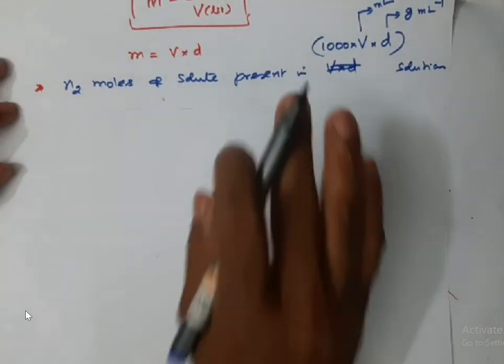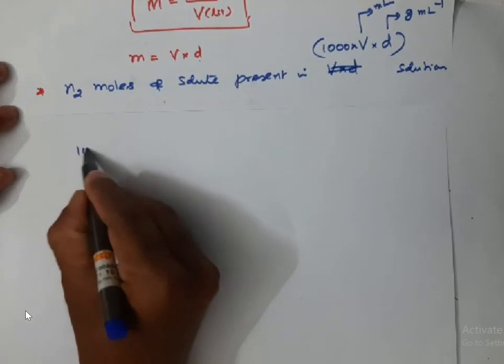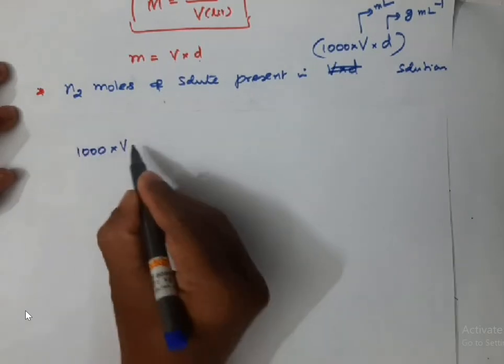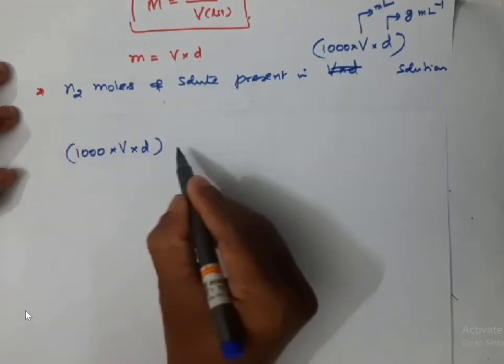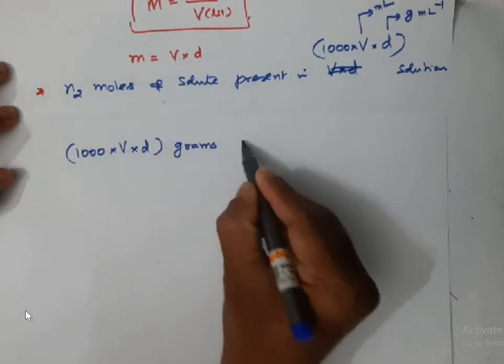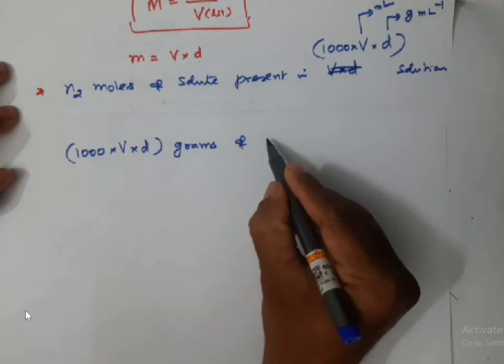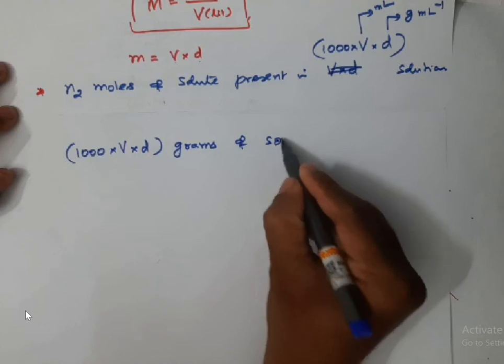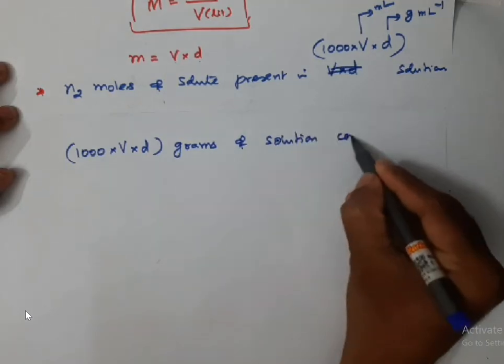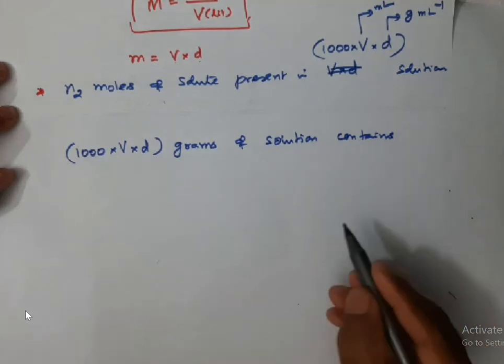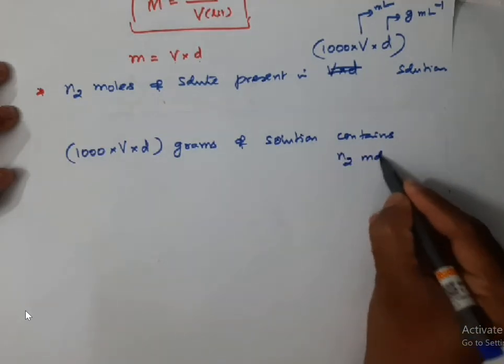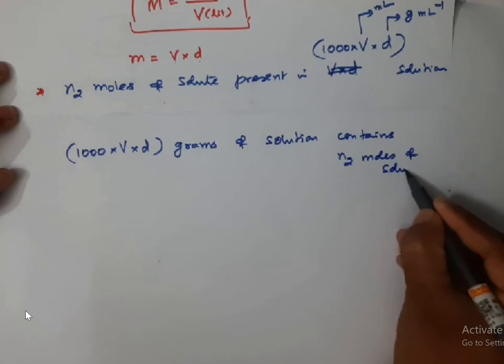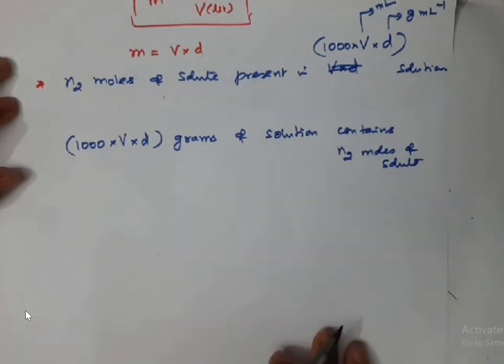Now listen, 1000 into volume into density, this much grams of solution contains N2 moles of solute. I have written it in the other way, that's all. Okay, students, is this clear? Any doubt?